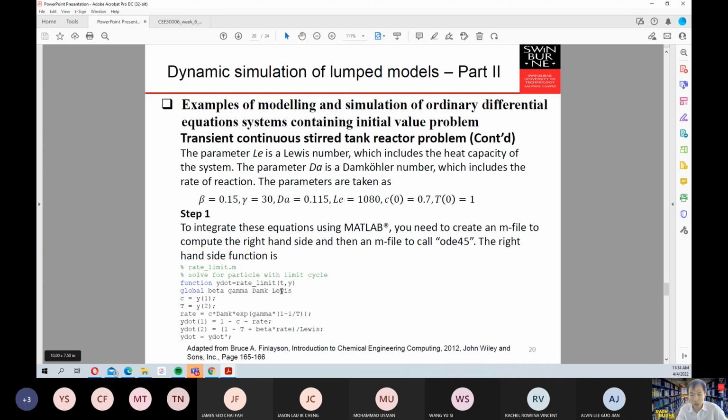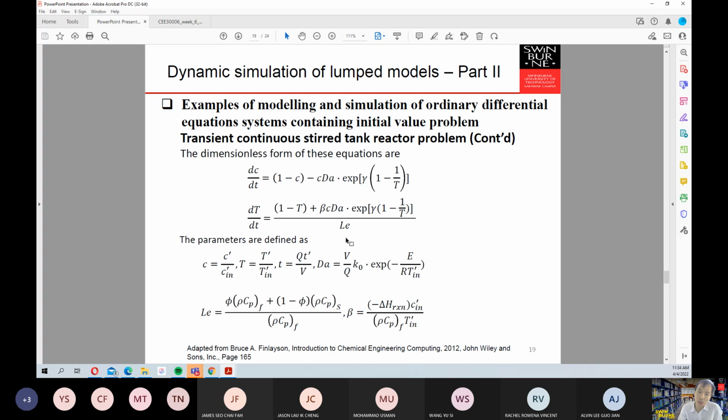This global sets the variables to be applicable everywhere, in the different functions. That's why it's called global. So this y(1) and y(2) are essentially equal to these two differential equations.